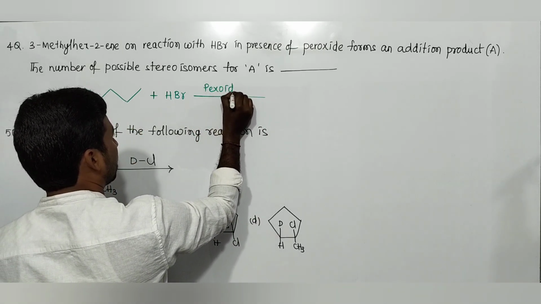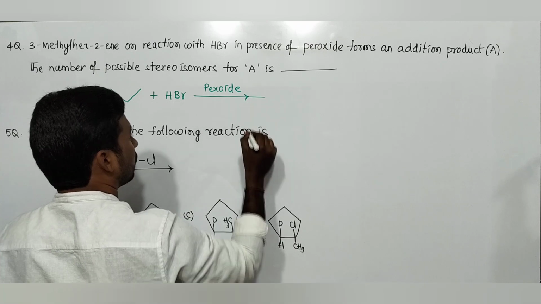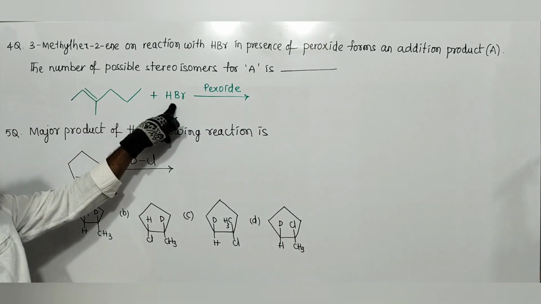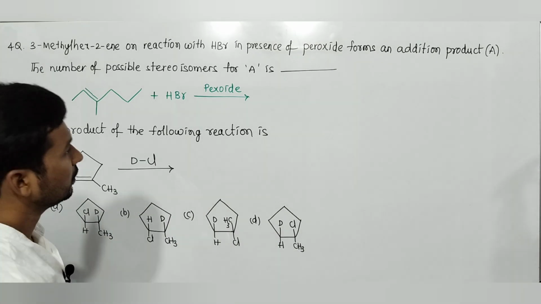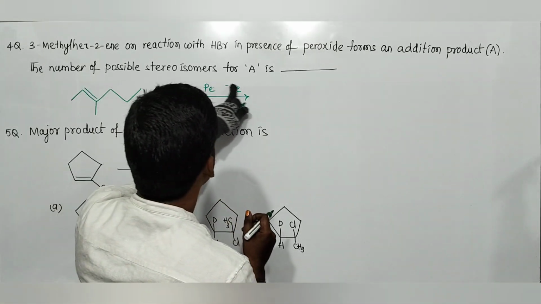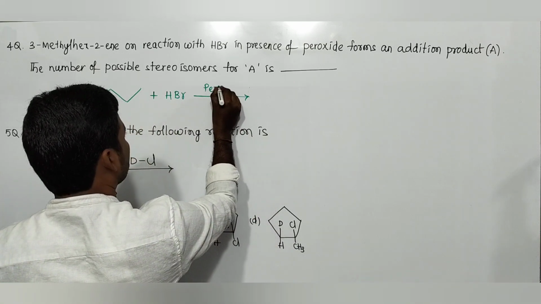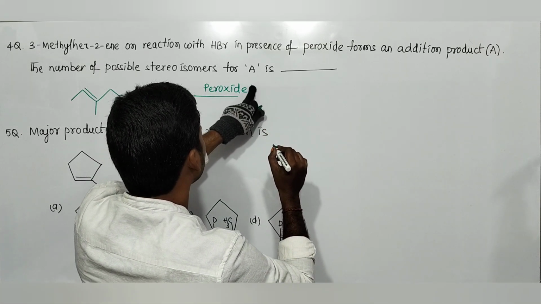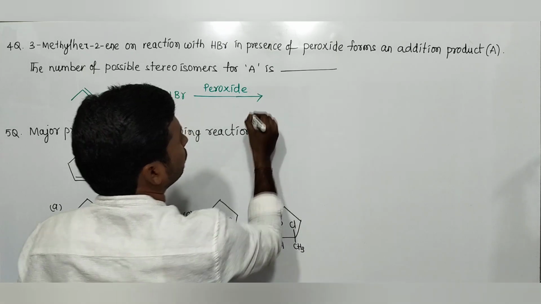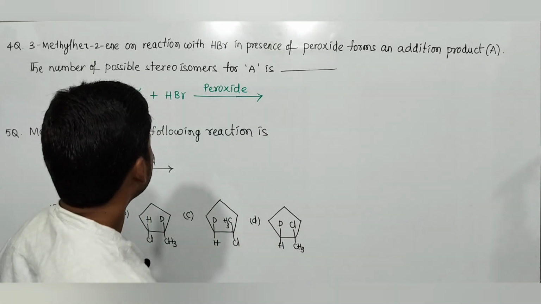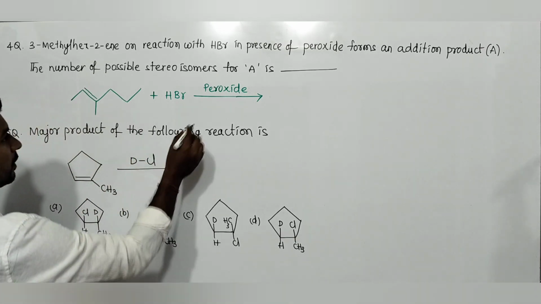In presence of peroxide, what do we think? Anti-Markovnikov rule. Alkene, hydrogen bromide, peroxide: anti-Markovnikov rule. It forms an addition product; the question is the number of possible stereoisomers for A. So what is the addition product here?